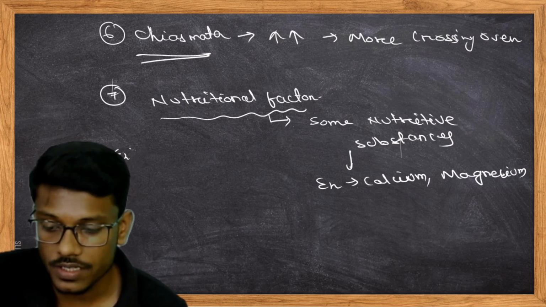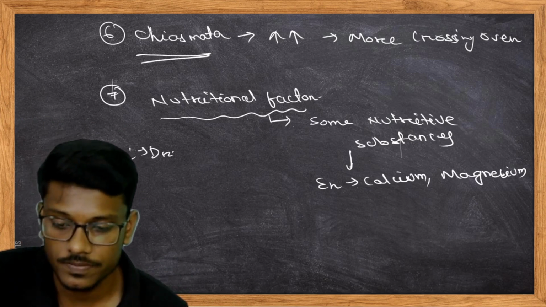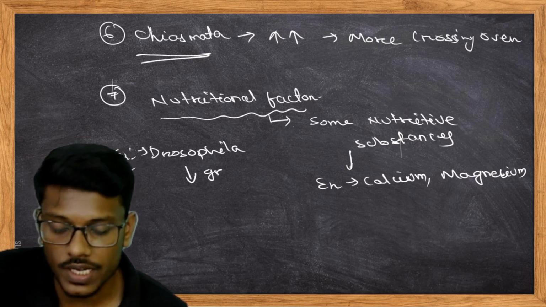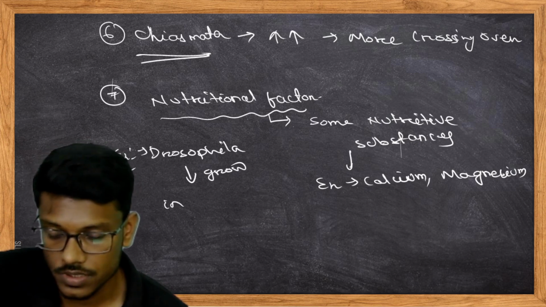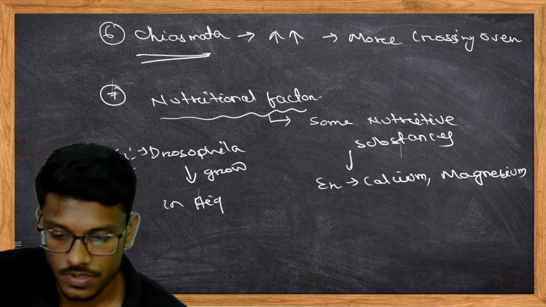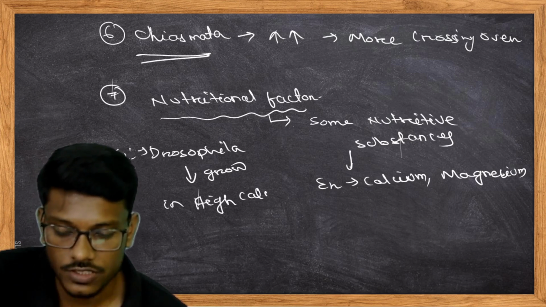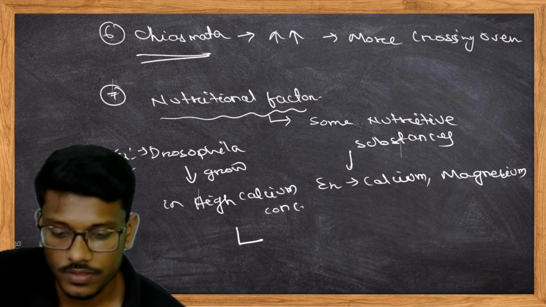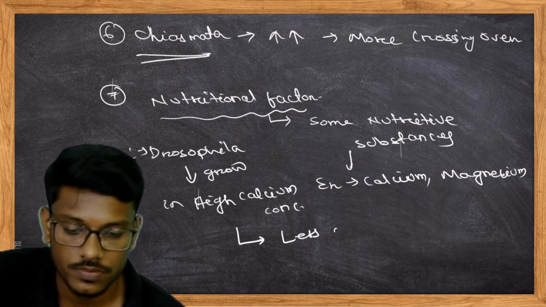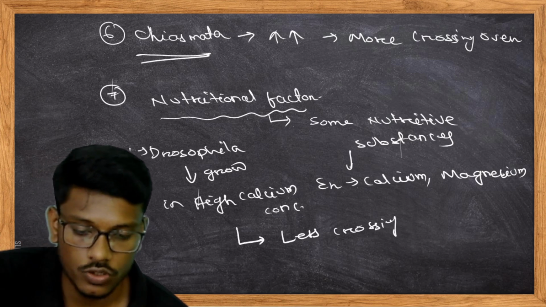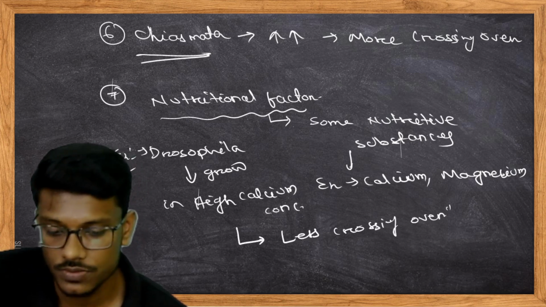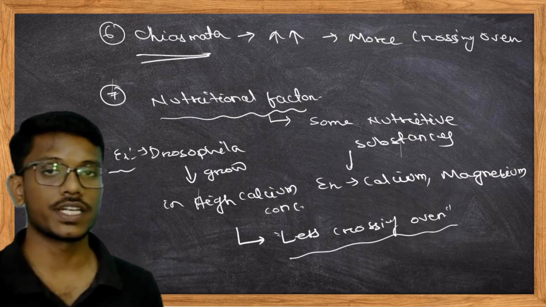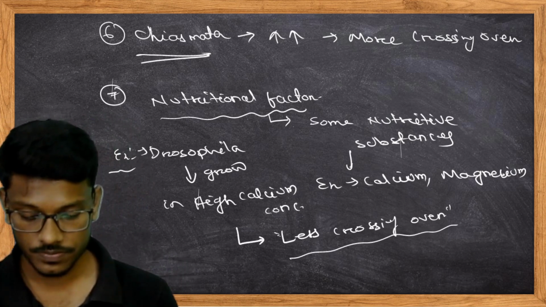For example, in case of Drosophila, if the Drosophila grow in high calcium concentration, then what happens? There will be less crossing over, or the crossing over percentage will decrease with increasing amount of calcium, that is the nutritive substance.